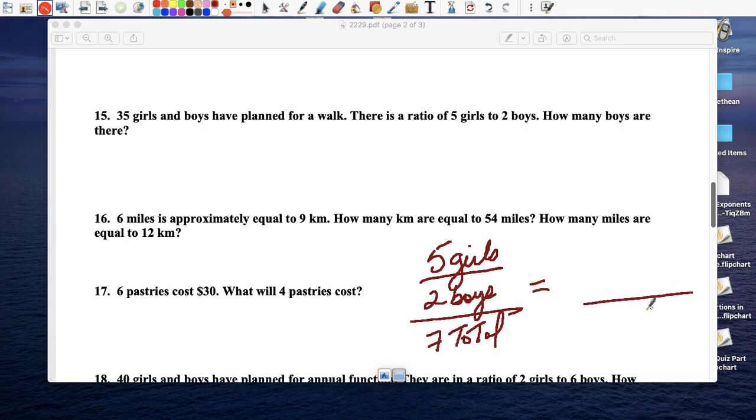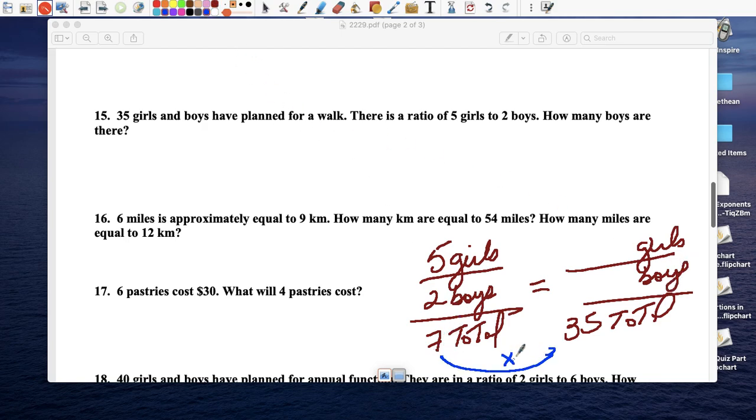But when we change the total to 35, how many girls and how many boys will we see? Well, this one is easy. Look, 7 times 5, so this will be times 5, and this will be times 5. 5 times 5 is 25. 2 times 5 is 10. Look, 25 plus 10 is 35, so there's our answer.